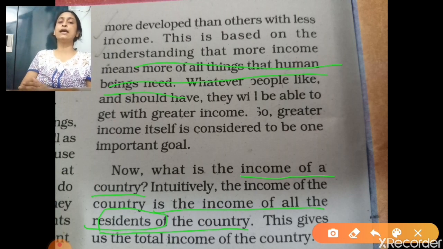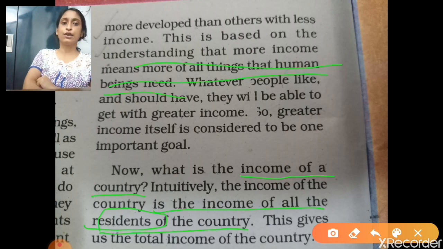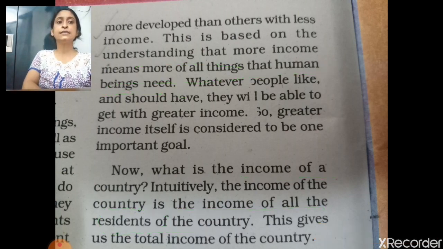So what is the income of a country now? Another very important term is national income. National income is the income of all the residents of the country, and this gives us the total income of the country. Already we have seen the common criterion for comparing countries.